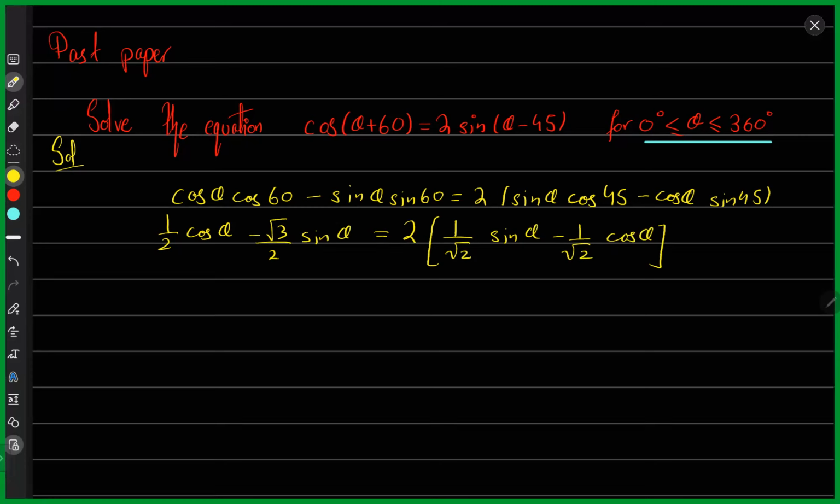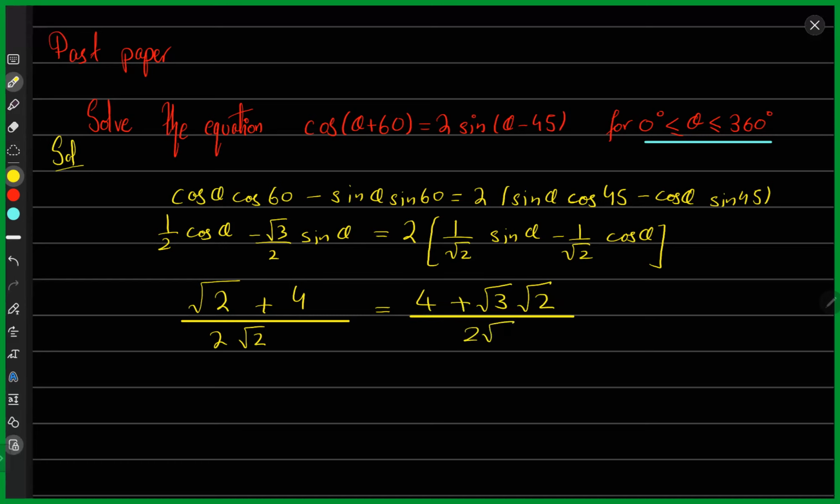And now we need to just take sine on one side and cos on one side. And after simplifying, I am going to get root 2 plus 4 divided by 2 root 2 equals 4 plus root 3 root 2 divided by 2 root 2 sine 30. And this is going to give me root 2 plus 4 divided by 4 plus root 3 root 2.